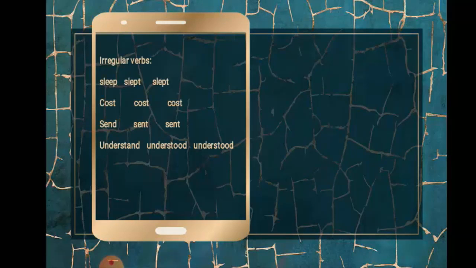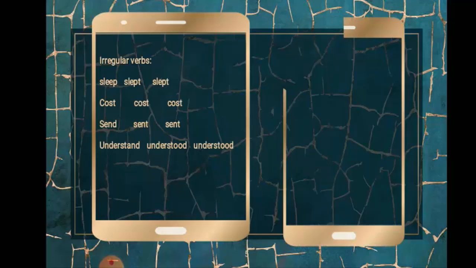What about the irregular verbs? Sleep, slept, slept; cost, cost, cost; send, sent, sent; understand, understood, understood.